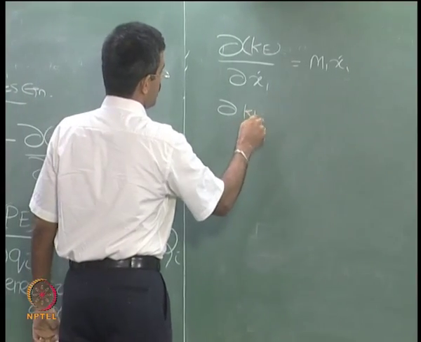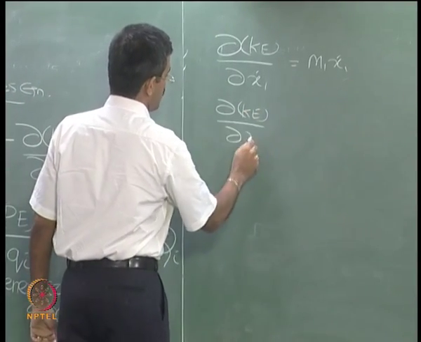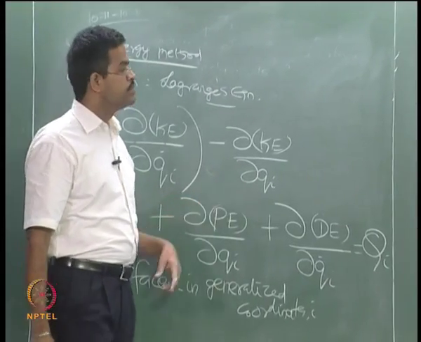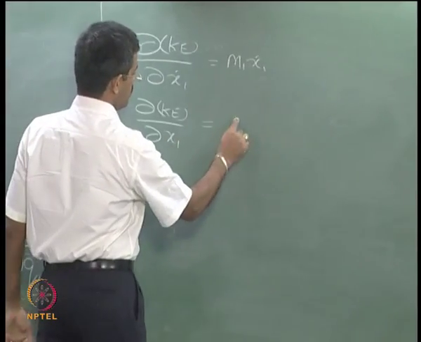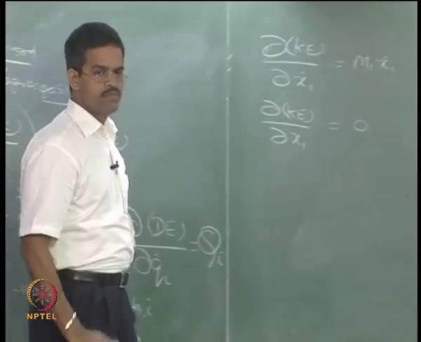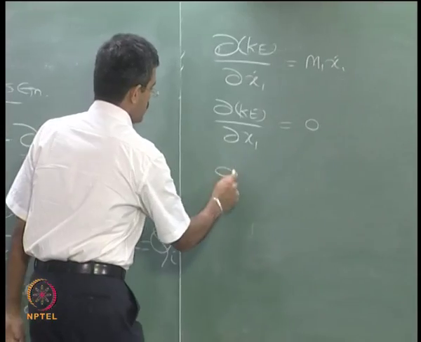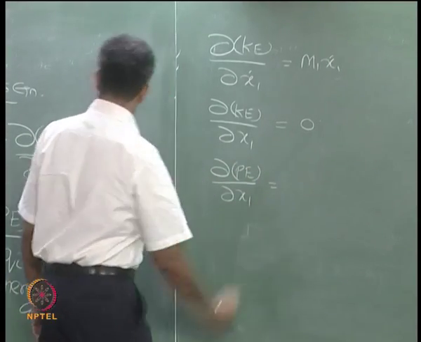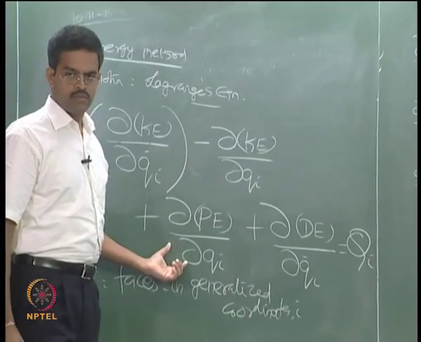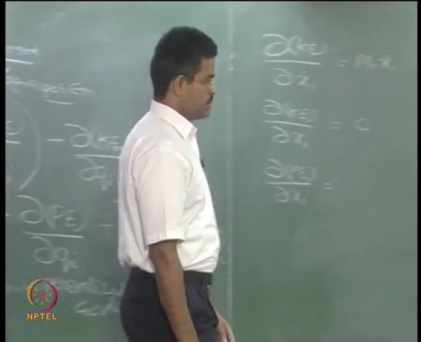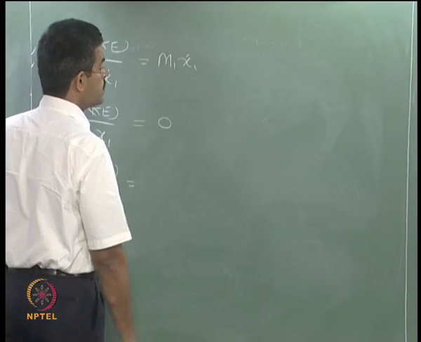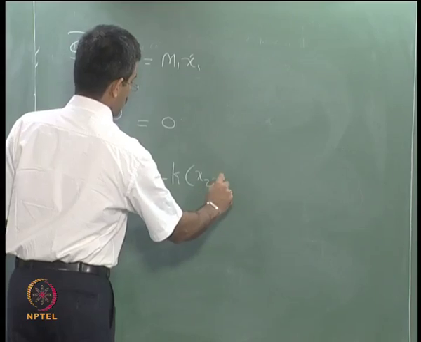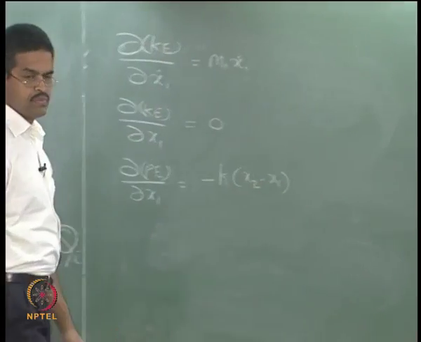Similarly, partial derivative of kinetic energy with respect to x1, which is the second term here, is obviously going to be 0. The third term, partial derivative of potential energy with respect to x1, is going to be minus k of x2 minus x1. Is that okay?